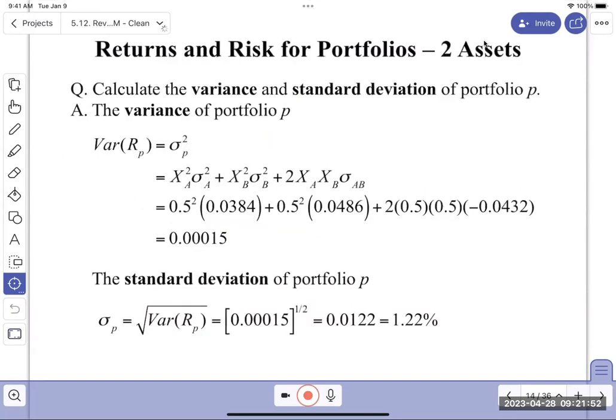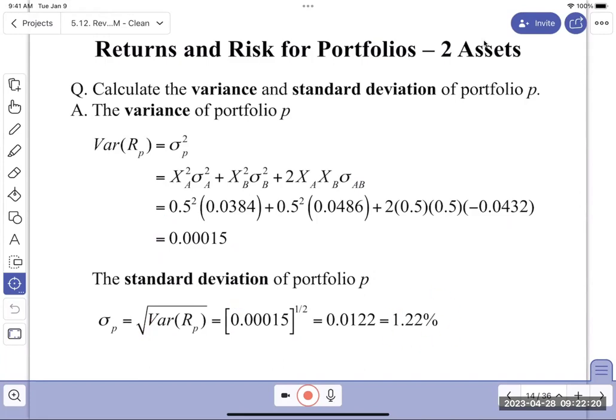And we're going to put them in to get this variance of the portfolio. Okay, so the only thing we didn't have was the covariance. So you have to practice making that calculation, which you would have if you did the stats review. And this is your variance. Taking the square root gives you the standard deviation.